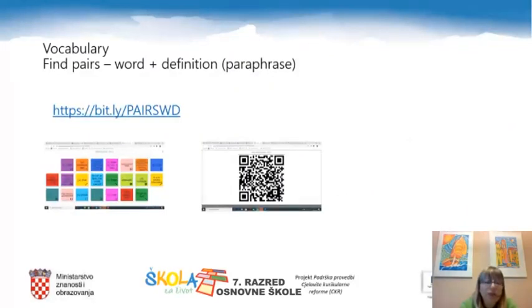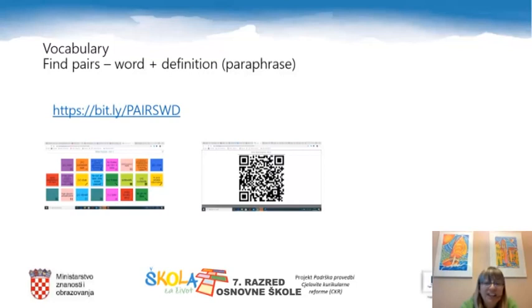In order to follow the video clips easier, let's look at vocabulary. The interactive game is called Find Pairs, and your task is to match words with their definitions, actually paraphrases. Please copy the link bit.ly/pairswd into your browser or just scan the given QR code.